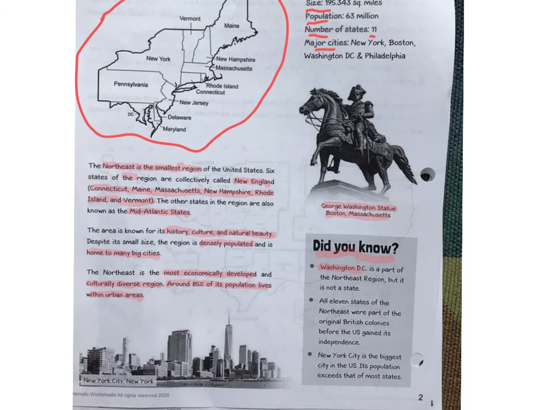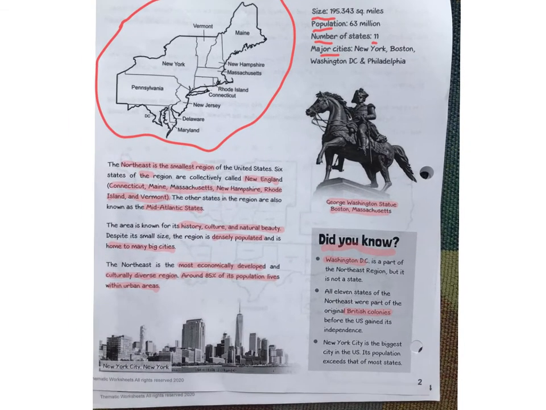All 11 states of the Northeast were part of the original British colonies before the U.S. gained its independence. New York City is the biggest city in the United States. So in all of the regions, New York City is the biggest. Its population exceeds that of most states.